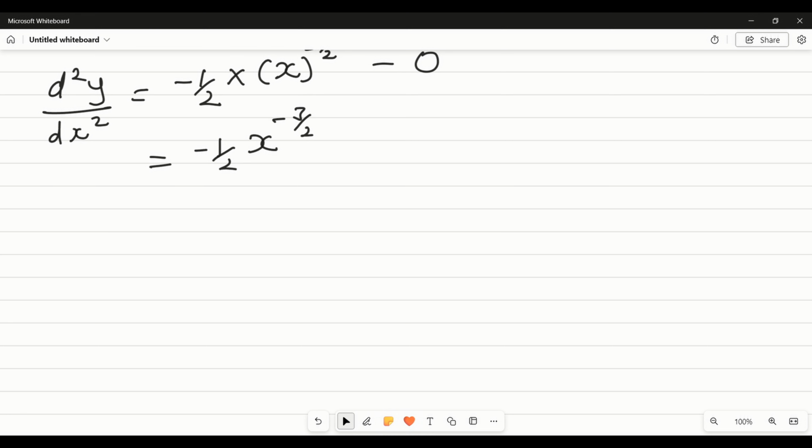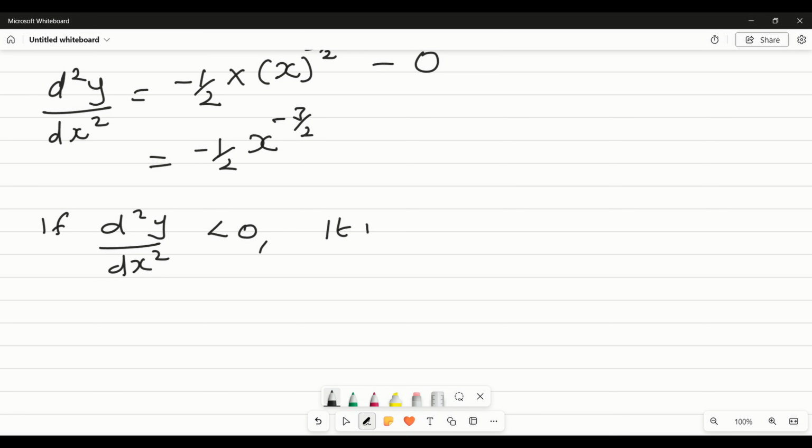If the second derivative, d squared y over dx squared, is less than 0, you find that it is a maximum. And when it's greater than 0, then you say that it's a minimum.